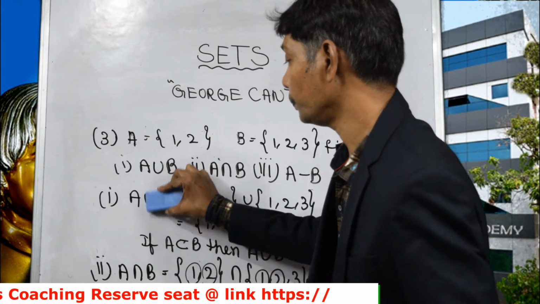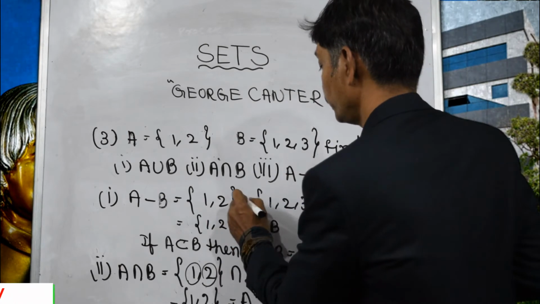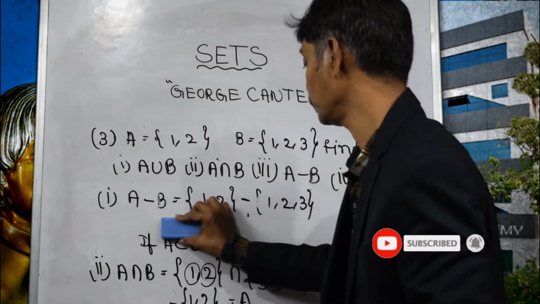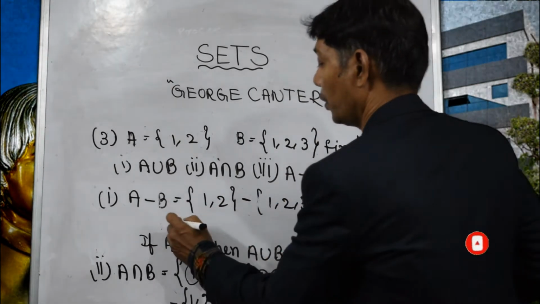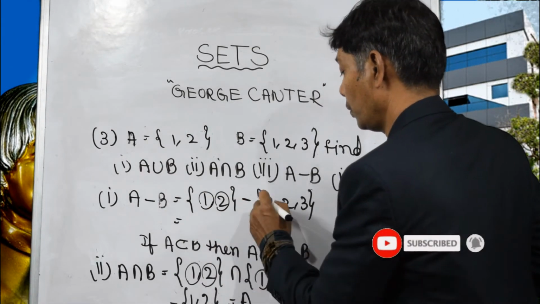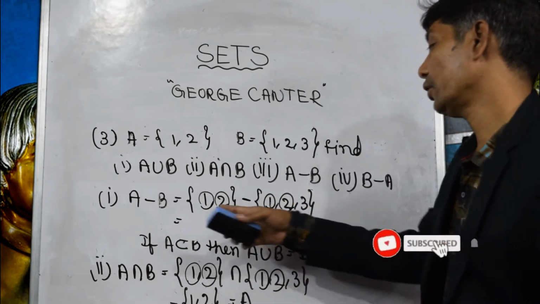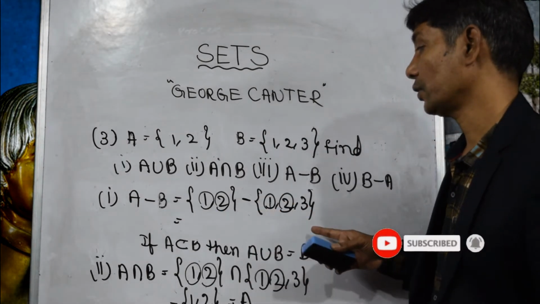See, A minus B. A minus B means first of all, find the common elements in both A and B sets.